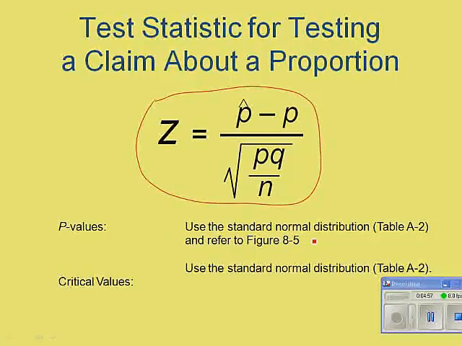Just use the standard normal distribution. So use normal CDF, right? If you want to get the p-value, use normal CDF of whatever z equals. Right? Well, z to something, like 10.